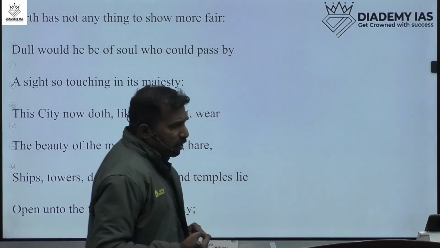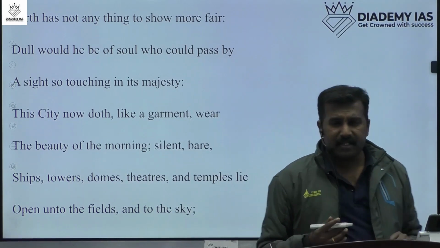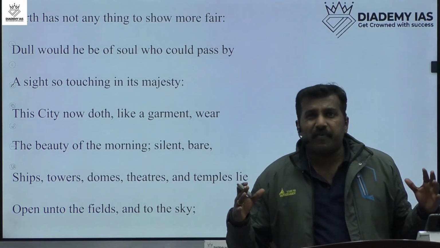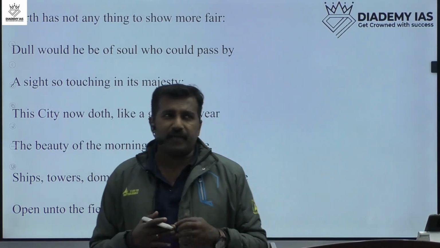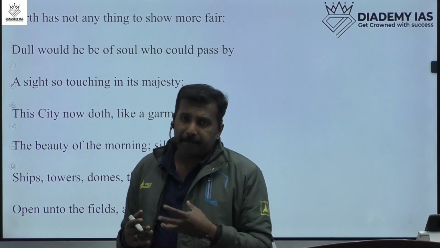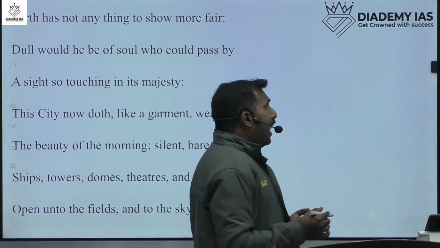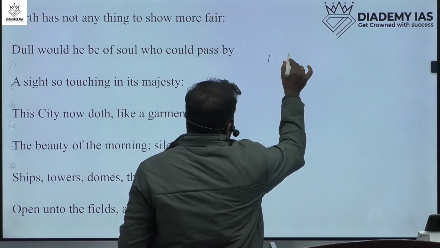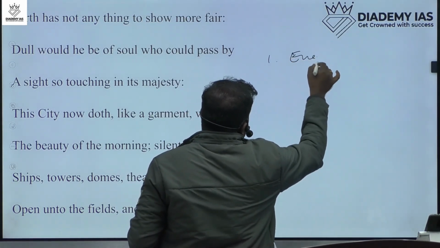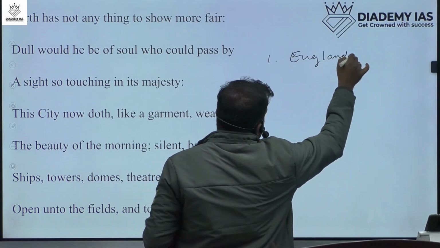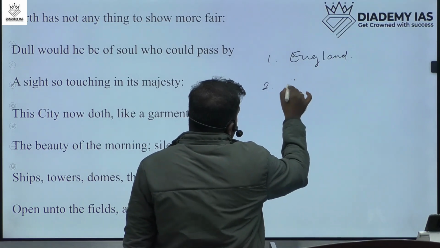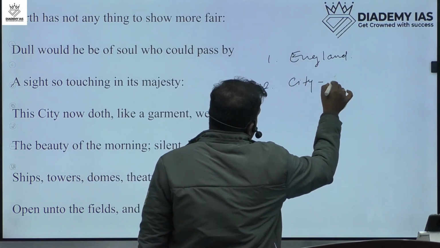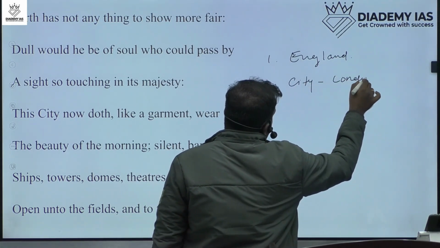And the next important point we have to keep in mind is that some sort of physical comparison, or some land or particular place, is mentioned here. First, we have to remember that this poem is about England. Second, this poem is about a city, London.